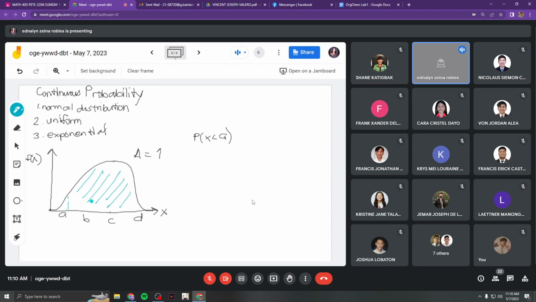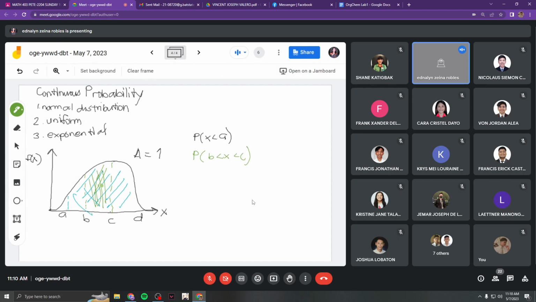And in order for us to get the probability of this, we will be finding the area of this shaded region. Just like, for example, if we want to get the probability if it is in between B and C, the probability will be coming from this area until this area. So we will be getting the area of this shaded region.